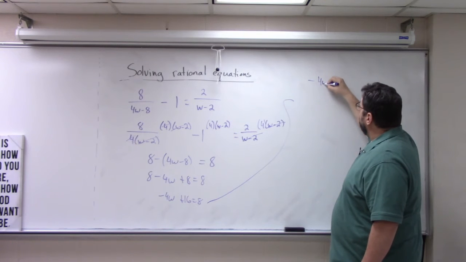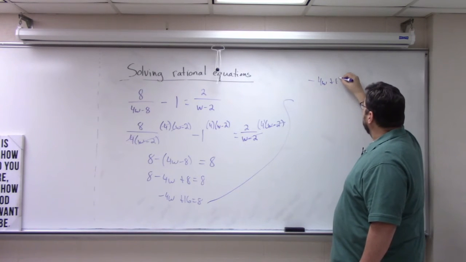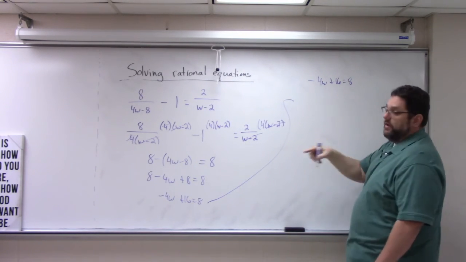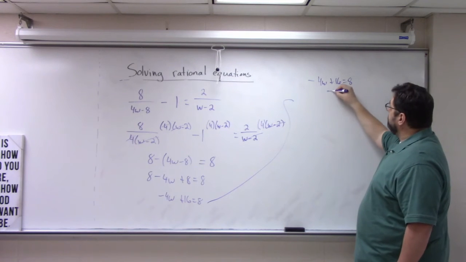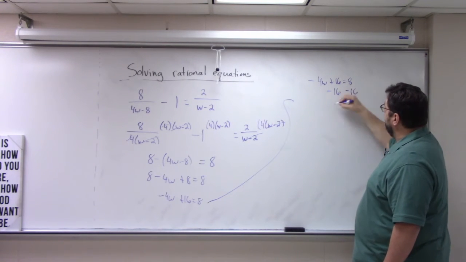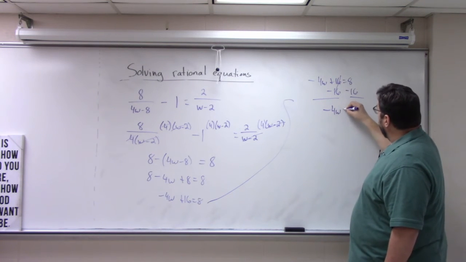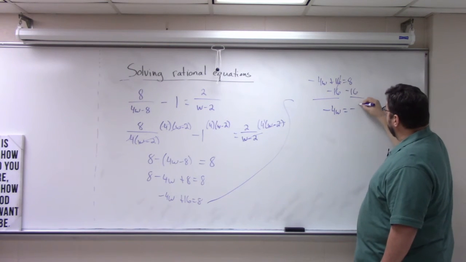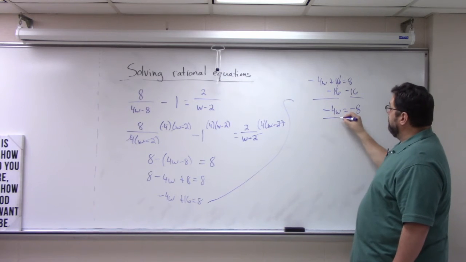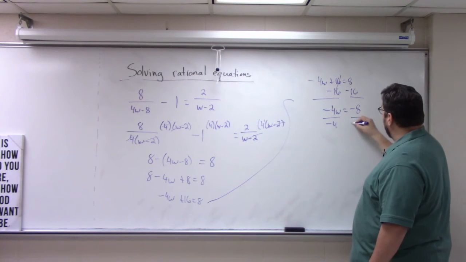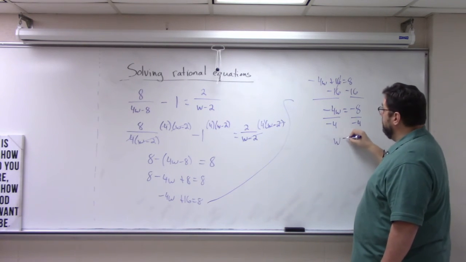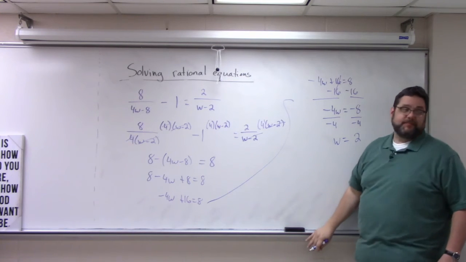Just rewriting that last line. So I'm going to subtract 16 on both sides. Negative 4w equals 8 minus 16 is negative 8. And finally, when we divide by negative 4, w equals 2.